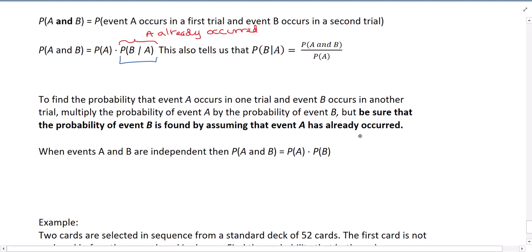So this is a little bit different than when we had the probability of A or B, right? That is that they occur at the same time, versus this, where you're doing multiple trials. And so you're doing event A first and then event B happens.